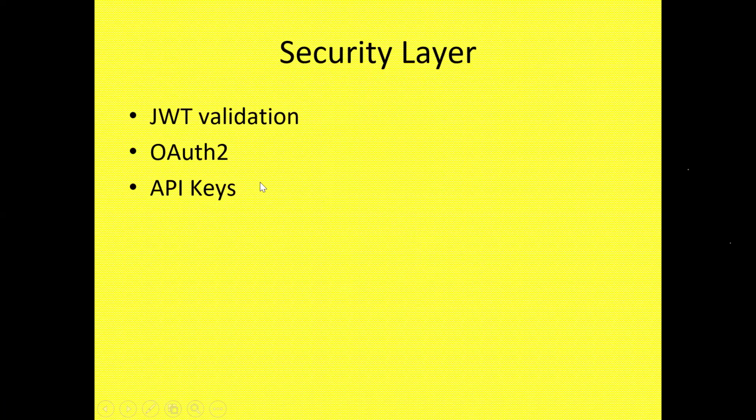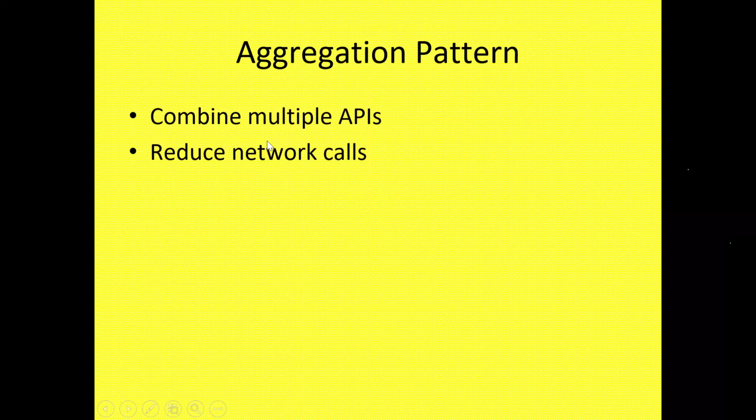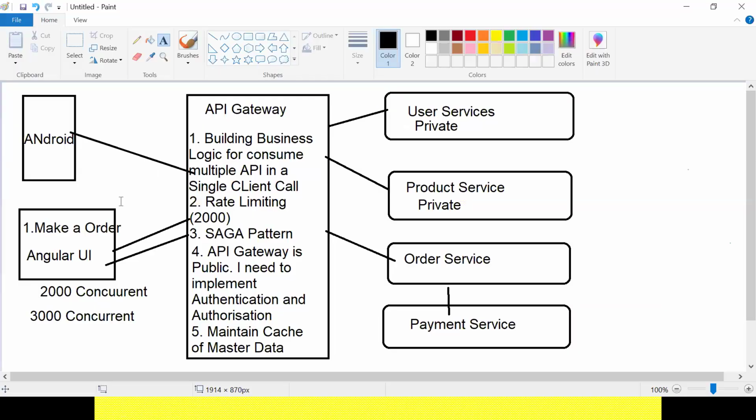And combine multiple API calls to reduce network calls. One more thing: do I need to have n number of network calls to the client? Is it a good practice, or is having a single API gateway talk to the network calls better? Single, one will be better. Also, this is entirely in a single infrastructure.